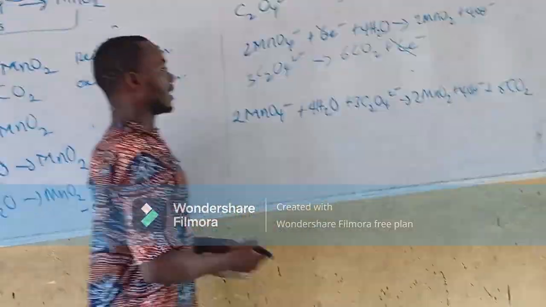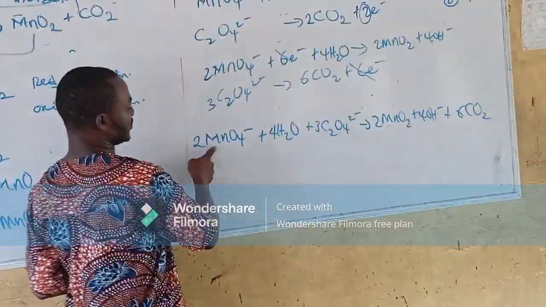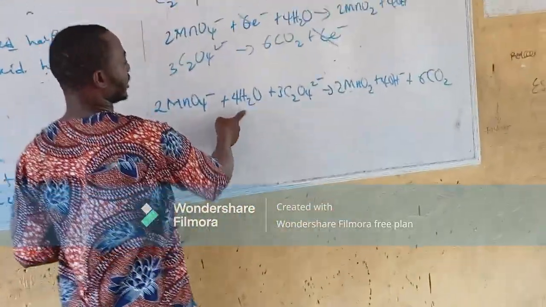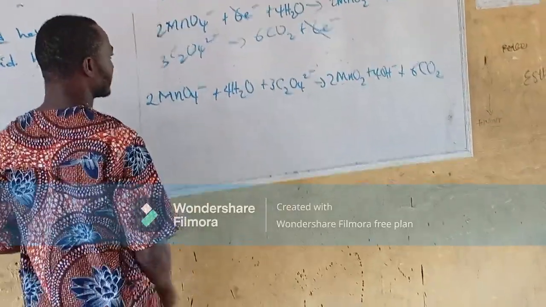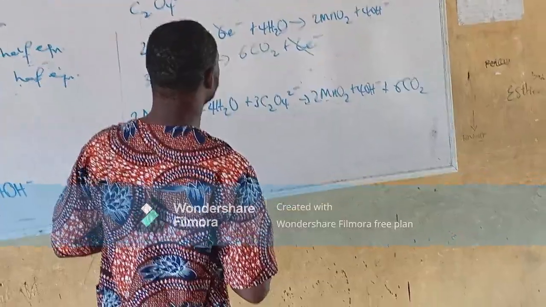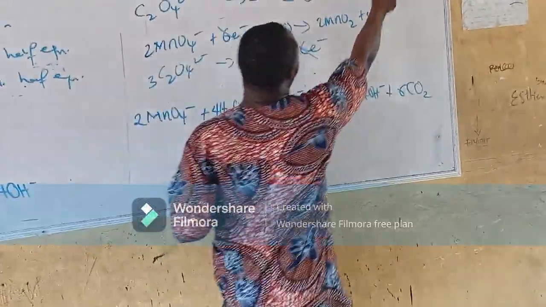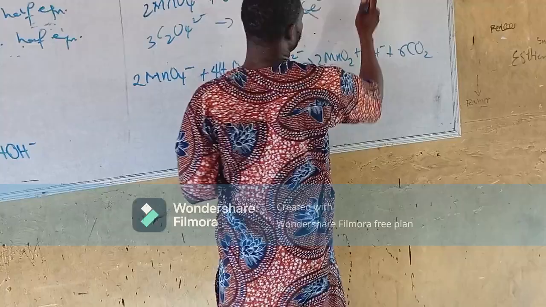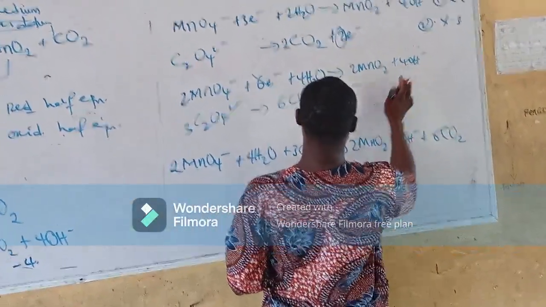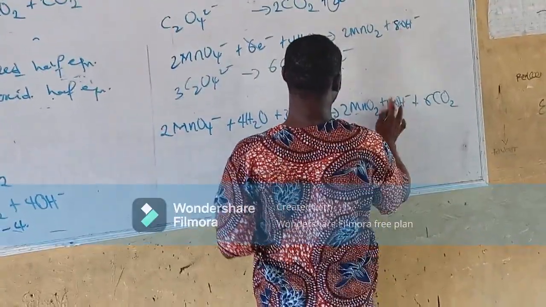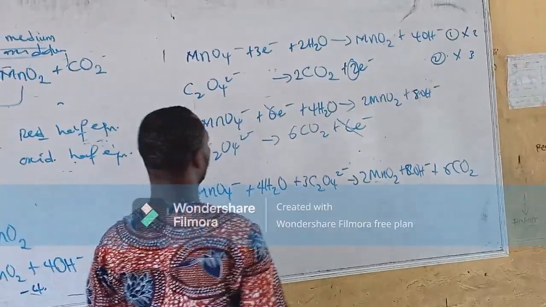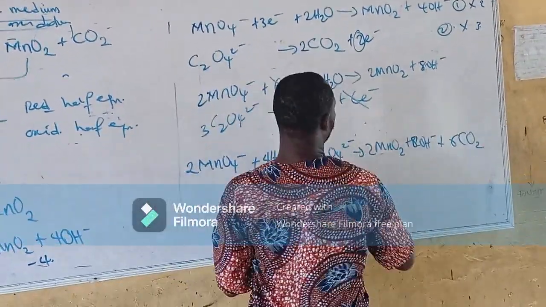Let's check if everything is balanced. How many manganese do we have there? 2. How many do we have there? 2. How many hydrogen do we have there? 8. Is it 8? I think we are missing something somewhere. Yes, I forgot this one. 2 times 4, 8. So I made the error here. It should have been 8 here. Yes, we have 8 OH minus plus 6CO2.